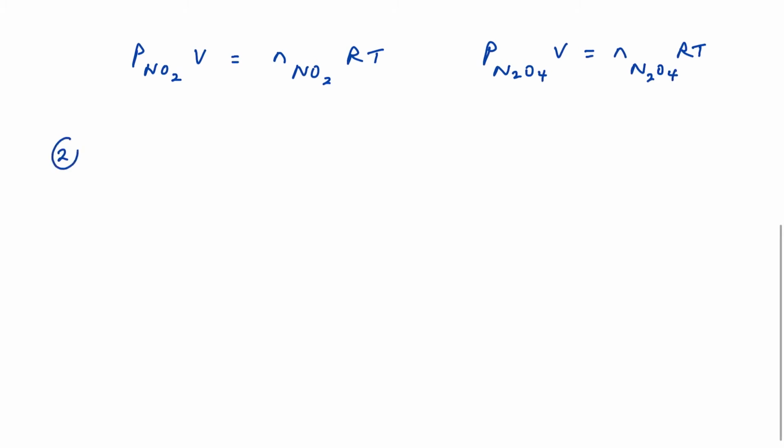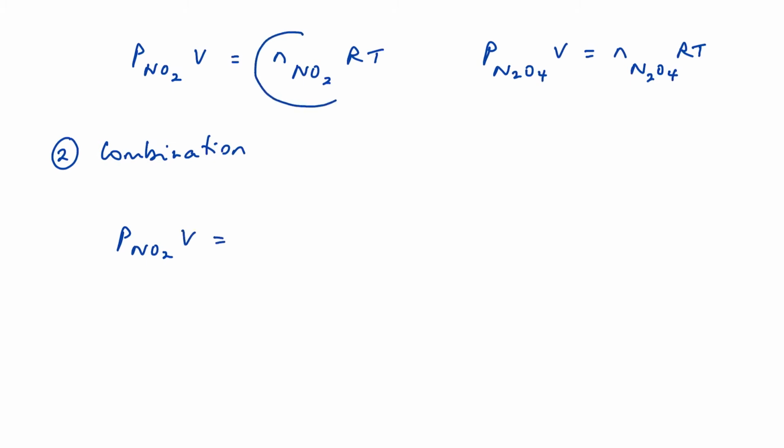So, step 2. Combination, we'll call this. Thinking first about the NO2, P NO2 times the volume is equal to, well, we've seen that we can take the number of moles because the number of moles equals the concentration times the volume.